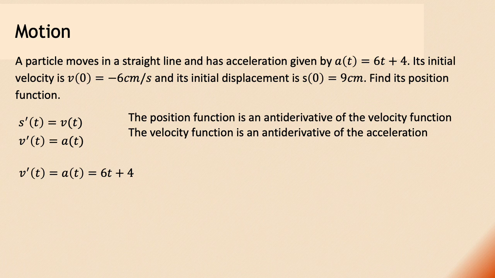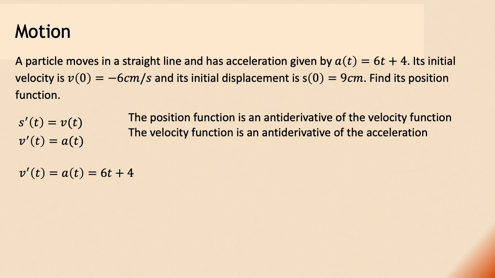So what we want to do is work backwards from the acceleration, taking antiderivatives until we get to the position function. The derivative of the velocity is 6t plus 4, so we can apply our reverse power rule to find the antiderivative and get the velocity. You may have to listen to this one more than once.